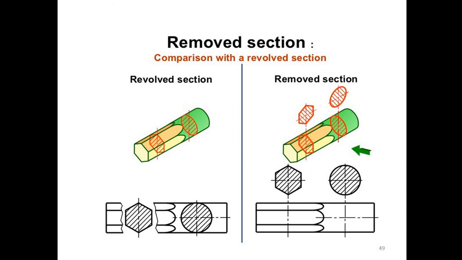But in a removed section, there is no tilting and no rotation of the cutting plane. For understanding the cross section, when the cutting plane is taken, we can draw its section outside the drawing.